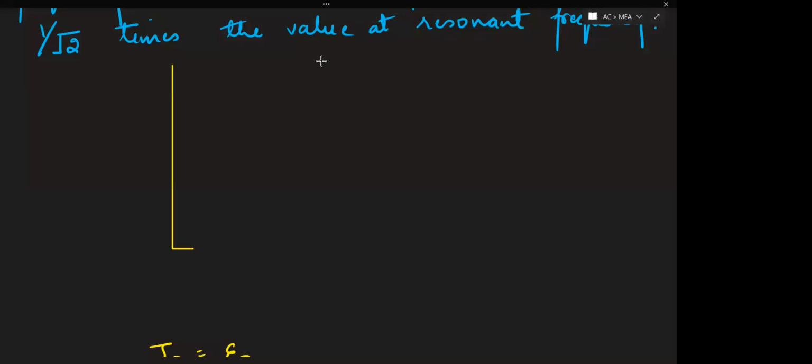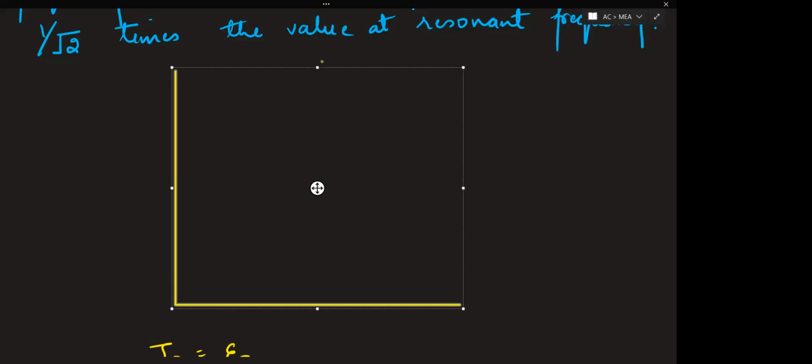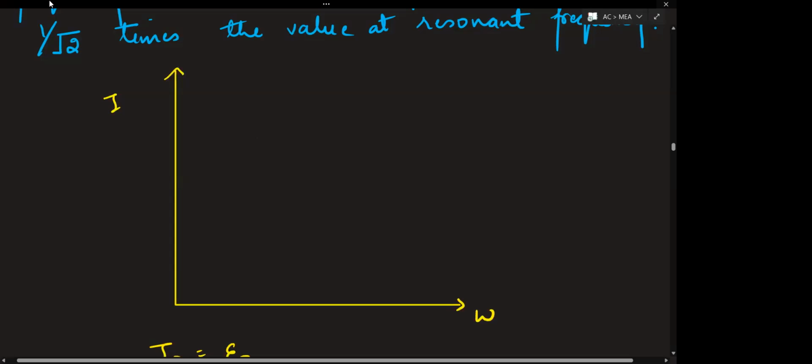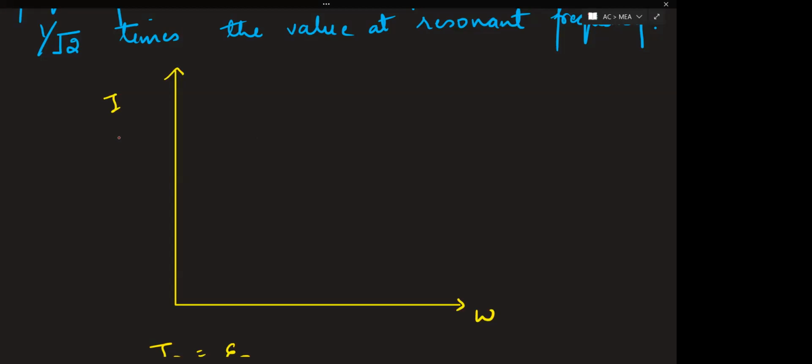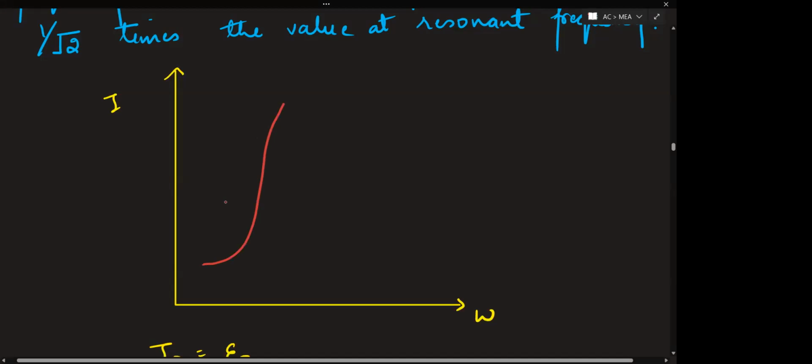That graph you have understood, that graph is just to show you how much is the dependence on the resistance. This is current, this is omega. Now a graph that you have to draw in your exams. This is an important graph. I am just drawing the peak value.